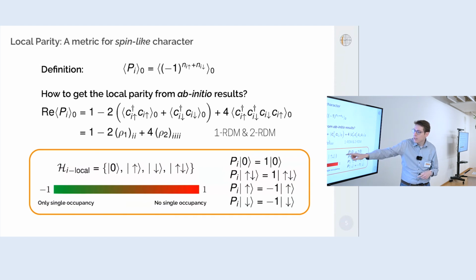If we just look at a single orbital and the 4 different basis states for this orbital, like unoccupied, spin up, spin down, and doubly occupied, if we apply this parity operator to it, then we see for the 2 states where the orbital is singly occupied, that is either up or down, we get an expectation value of -1, but we get an expectation value of +1 for the other basis states.